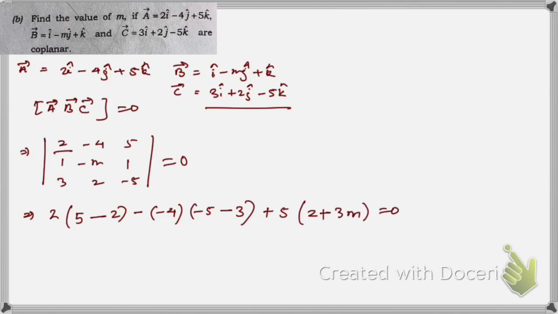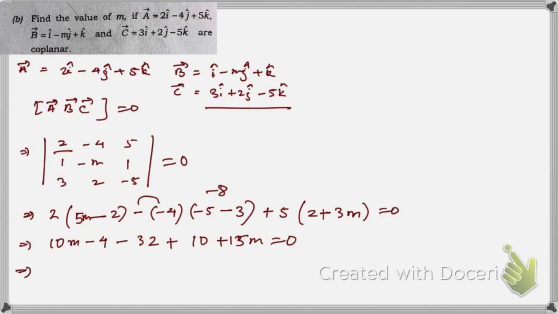That's equal to 0. Then if you simplify this, 5 minus 2, that's going to be 3. So here I have forgot to put something here. That should be plus 5m, right? So I forgot to put the m here, so that's why 10m minus 4, then minus minus plus, that's going to be minus 8, then minus 32, then plus 5 to the 10, then 5 to the 15m. Here we have got 15m, right, equal to 0.